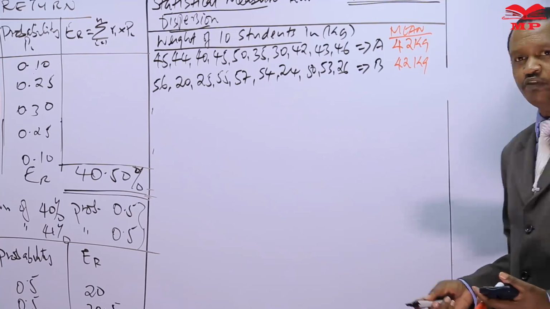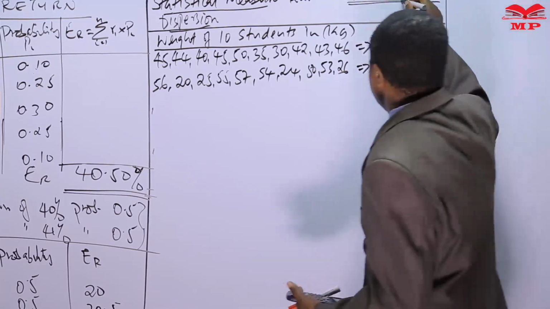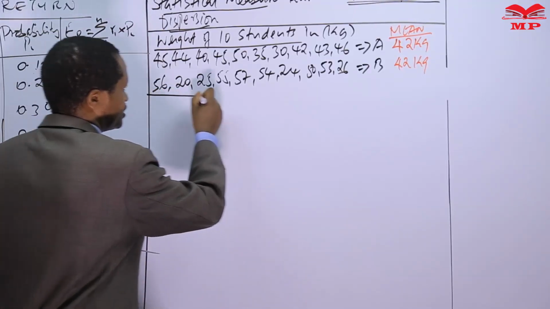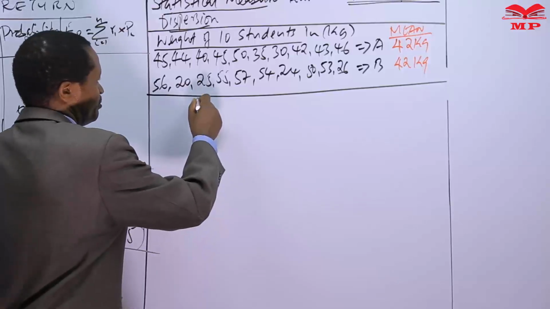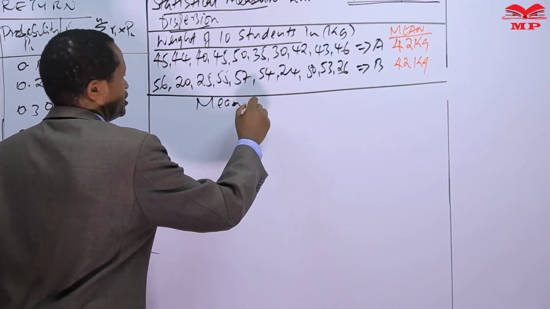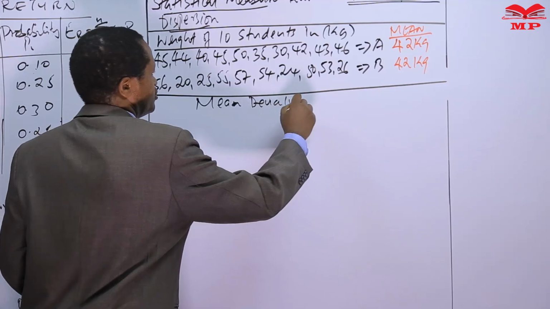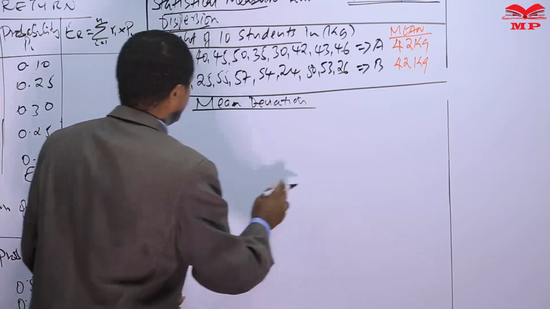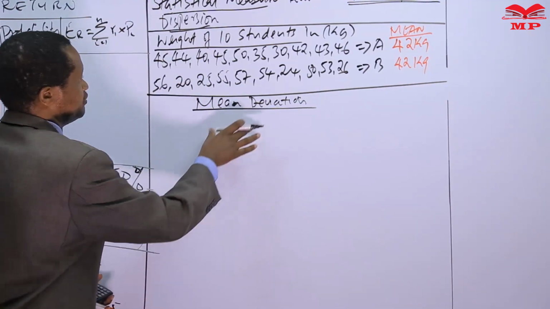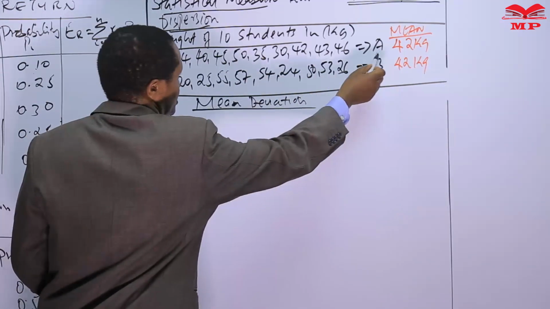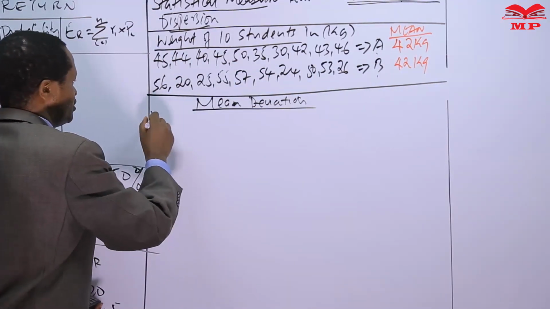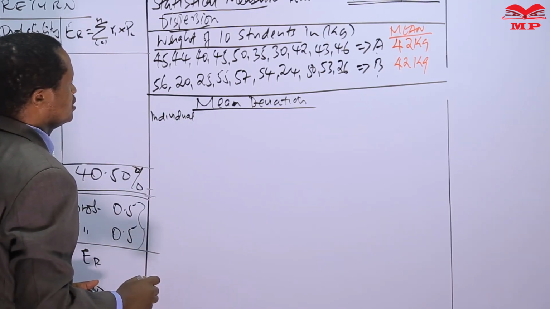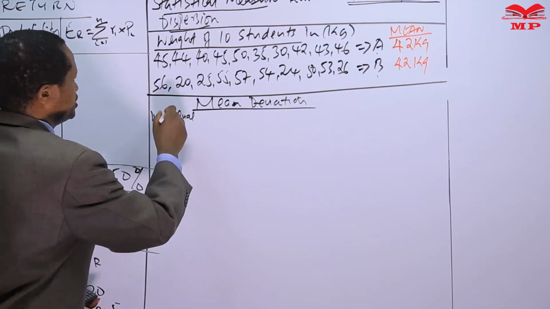or to understand the data for the purposes of analysis. And even before we proceed to calculate the standard deviation, we can remind ourselves of what we learned in school, that is the mean deviation. Mean deviation is also a measure of dispersion, and you can use this data to determine the mean deviation for class A and class B. So we'll have here a column for individual weight.